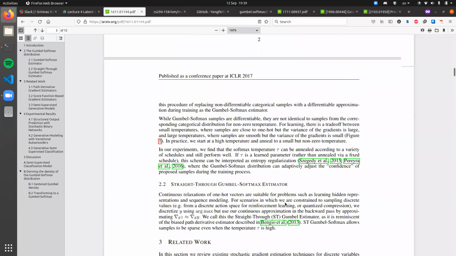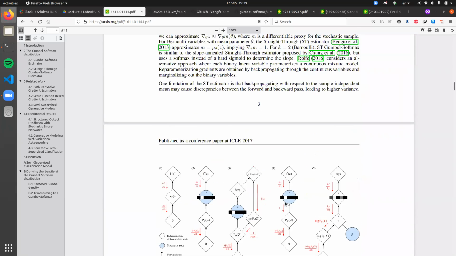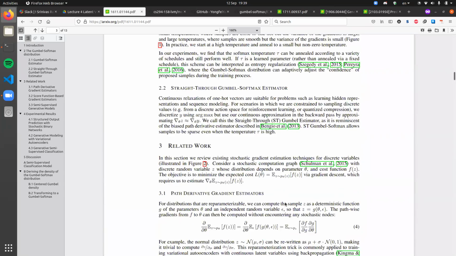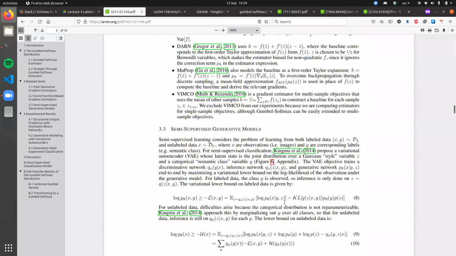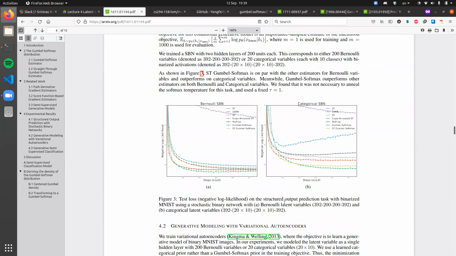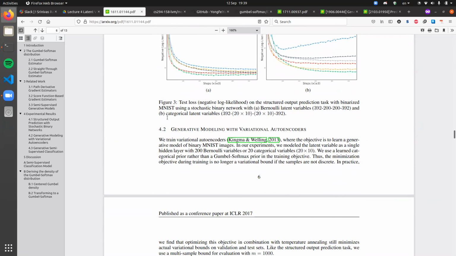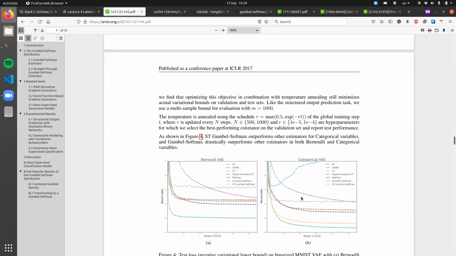Okay. So this paper introduced this Gumbel softmax, and the example they show where it can be useful is the variational autoencoder. They have a section here showing the results for generative modeling for VAE with this categorical VAE.